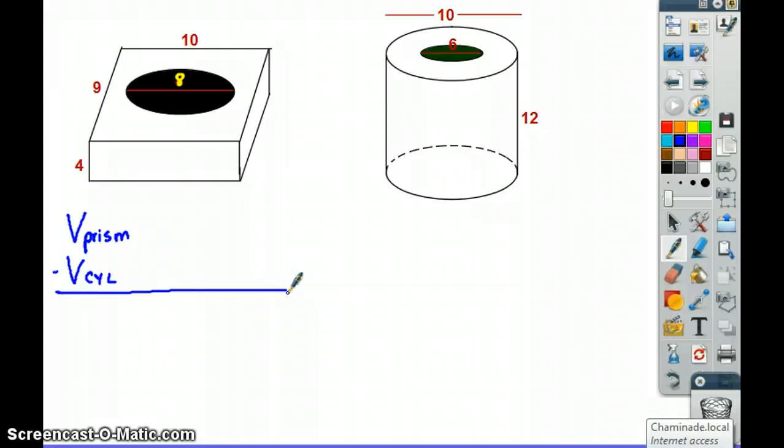For the volume of the prism, I take the area of the base. Well, the base is this rectangle. So 9 by 10, the area of the base is 90, times the height of the prism. That gives me a volume of 360.